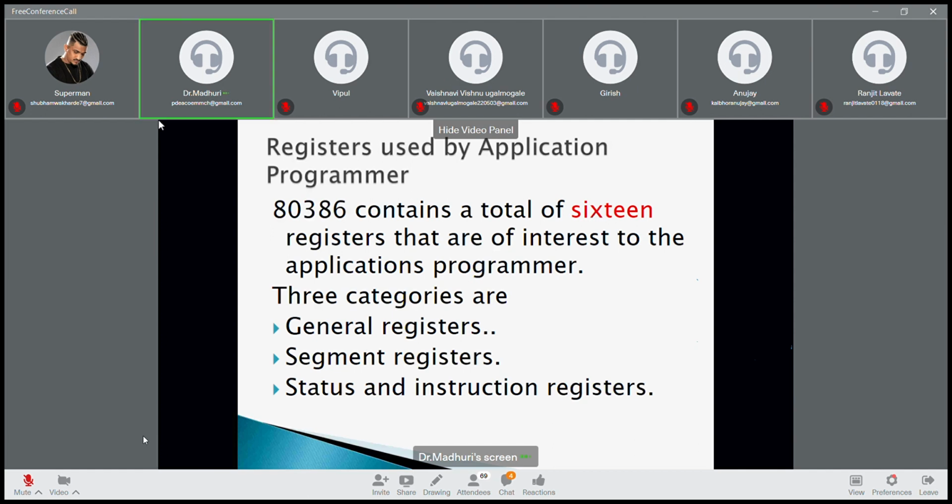What is the function of register? Nobody knows what the function of registers is?